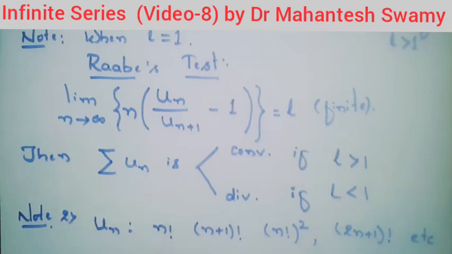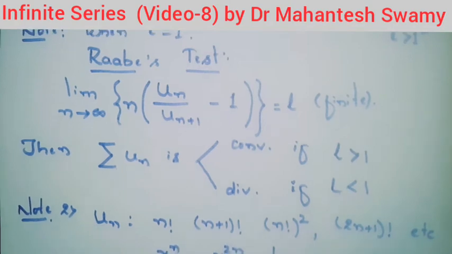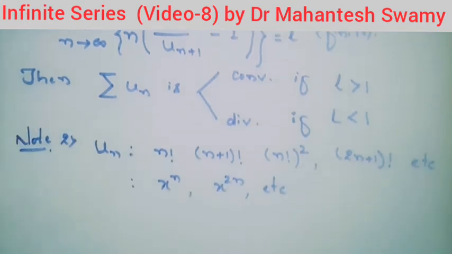And even when you have x to the power n, x to the power 2n, etc., where x is greater than 0 or x is greater than 1, in that case also it is advised to go for the ratio test.